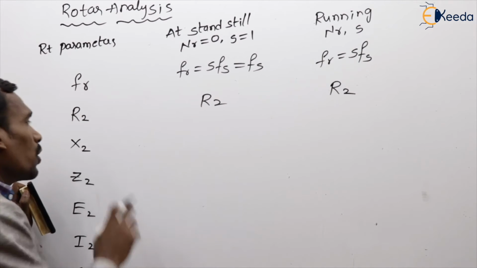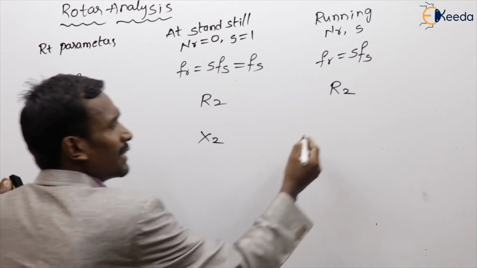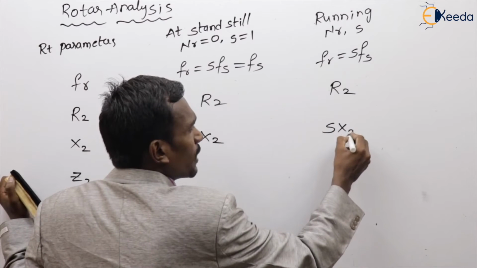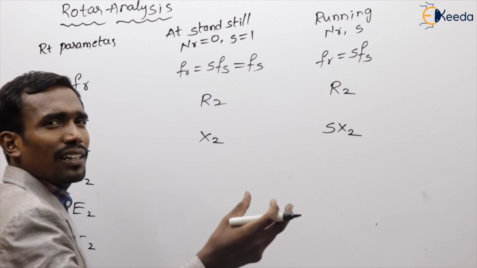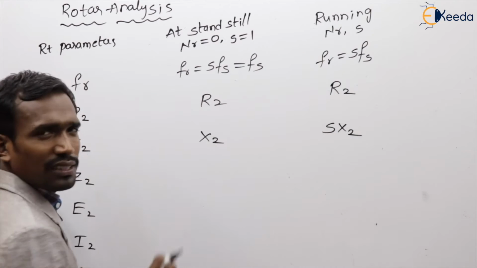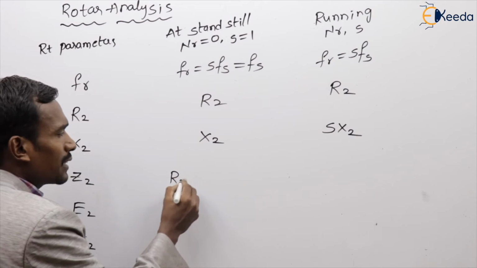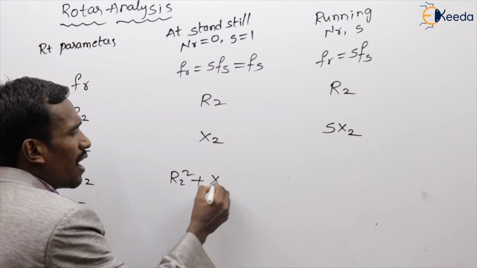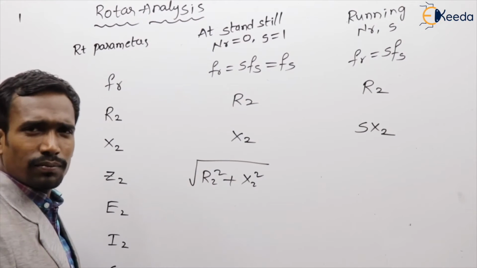Now, rotor reactance at starting condition X2, but at running condition S into X2, because it depends on frequency, 2 pi FL. F is nothing but S into Fs. Next, impedance. Impedance is equals to square root of R2 square plus X2 square.